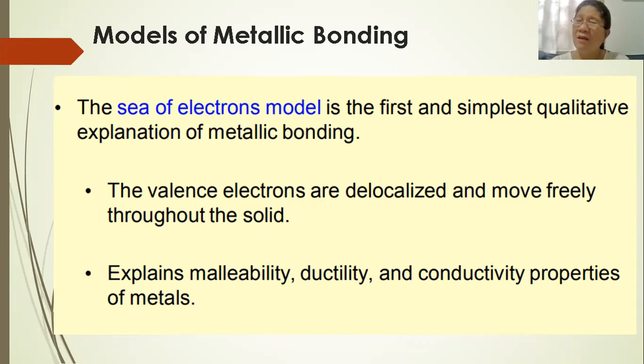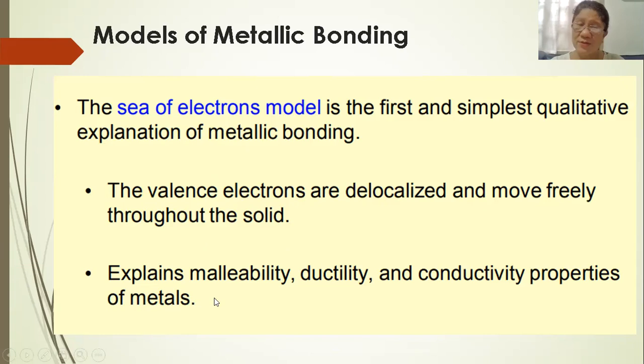Why can we bond copper with copper like that? Because of metallic bonding, which is known as the sea of electrons model. The valence electrons are delocalized and move freely throughout the solid. That is why these metals could combine together.